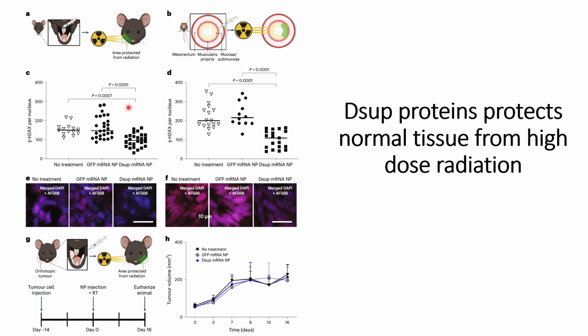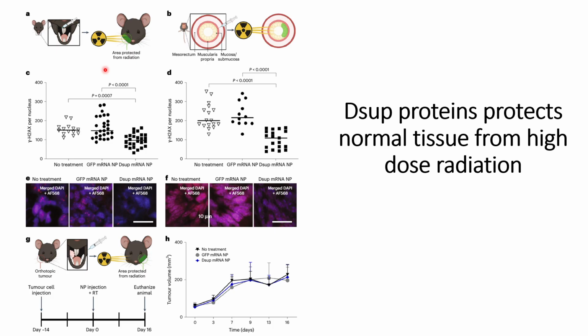So in the buccal tissues we can see that there is a decrease in the gamma H2AX per nucleus signals, indicating that most of these double-stranded DNAs are being covered by these Dsup proteins, whereas in the case of no treatment and GFP mRNA transfections, we can see the high number of gamma H2AX per nucleus.